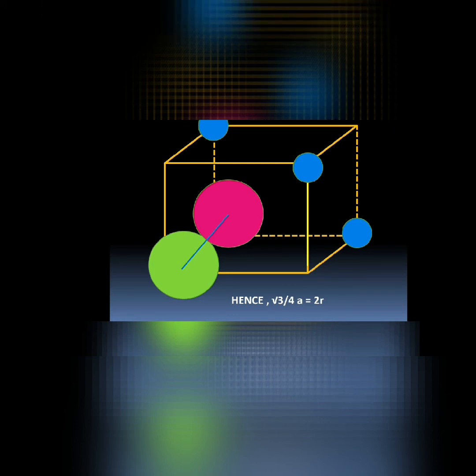Now we have to calculate the number of atoms in the unit cell. To calculate it, 4 atoms come from the FCC lattice and there are 4 atoms in the tetrahedral holes. So the number of atoms in a diamond crystal system is 4 plus 4, that is 8.